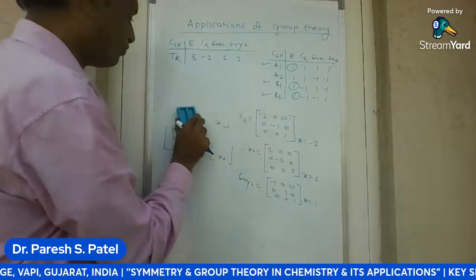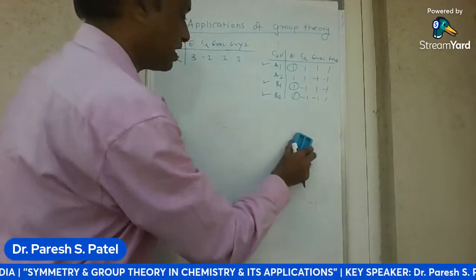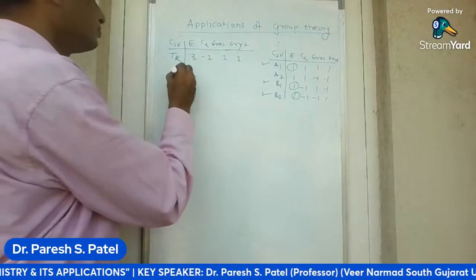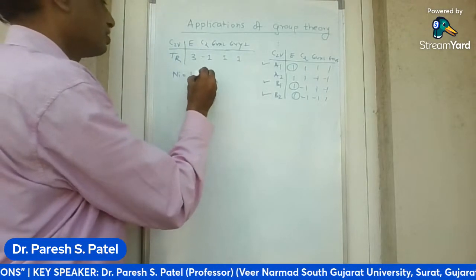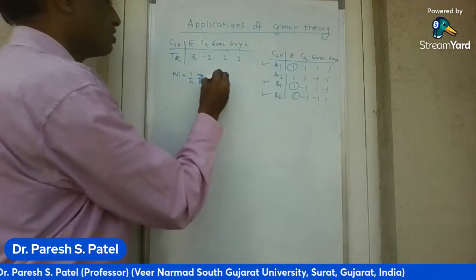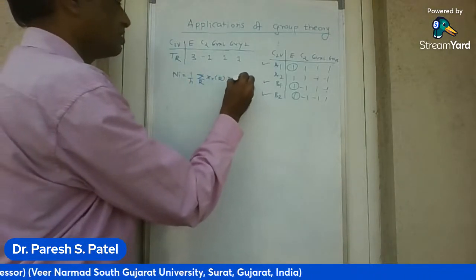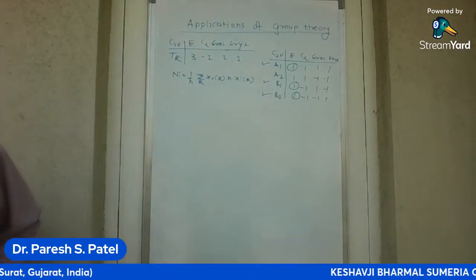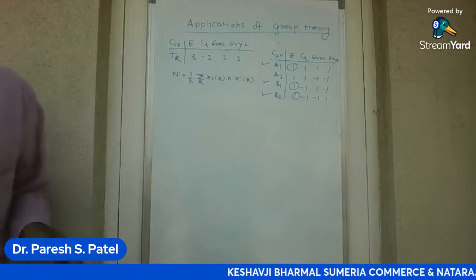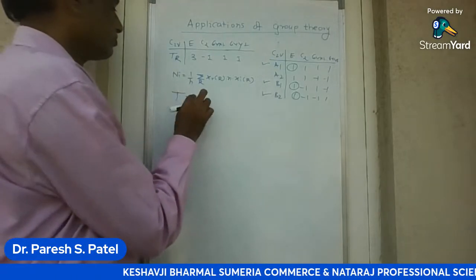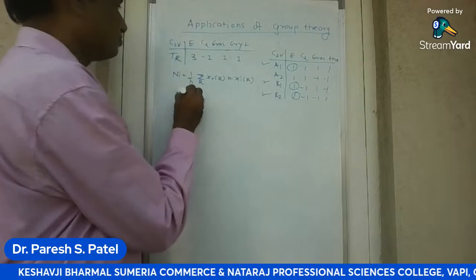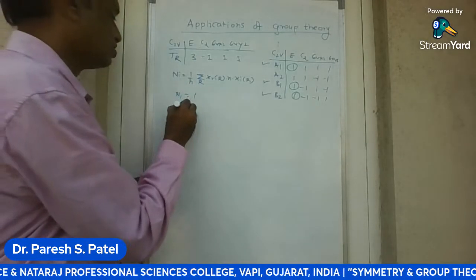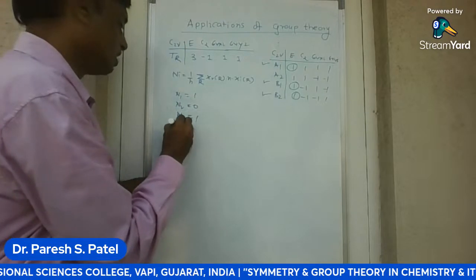Now, with the help of the relation between reducible and irreducible representations, that is n_i equals 1 upon h, summation of n times the character of the reducible representation times the character of the irreducible representation. With this equation, we can conclude that n1 is equal to 1, n2 is equal to 0, n3 is equal to 1, n4 is equal to 1.